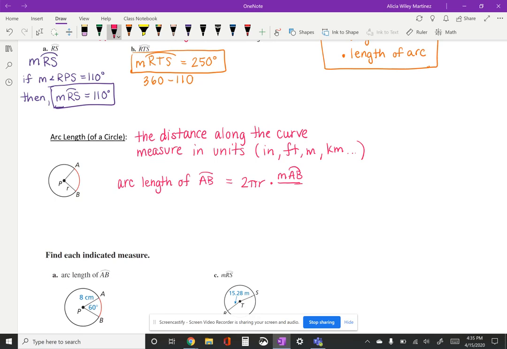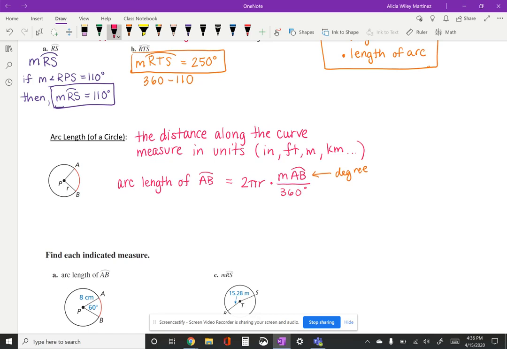So notice it's measure of the arc. Let me write that again. By noticing that it's measure of the arc, we know that this is going to be a degree measurement like we talked about up above. And then we're going to divide that by 360 degrees.